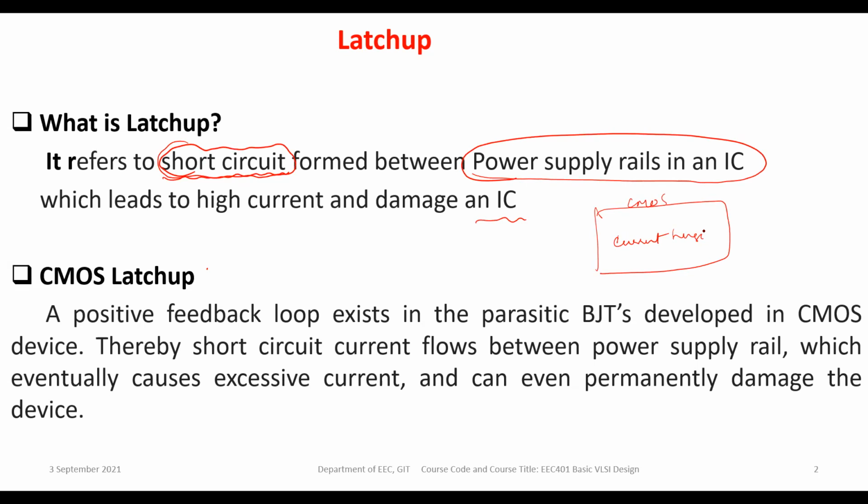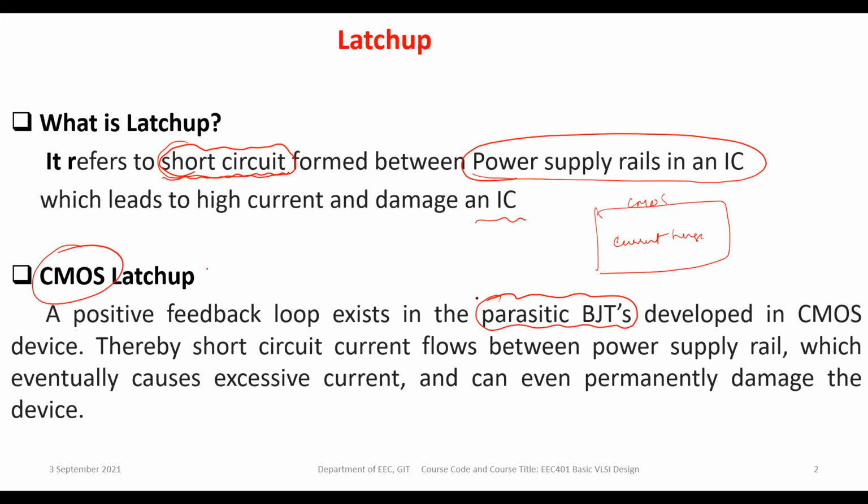Okay, so how do we apply this latch-up problem in CMOS circuits? As we can see, there exist parasitic devices in a CMOS structure. Parasitic bipolar junction transistors are developed within the MOS structure whenever we fabricate CMOS devices.